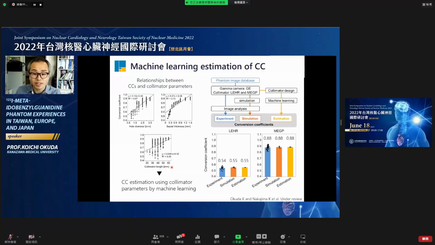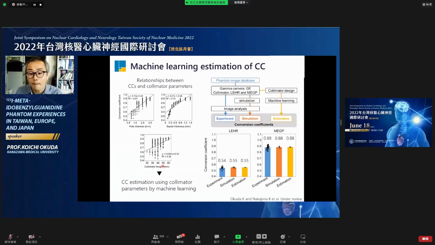These results exhibited that conversion coefficients and collimator parameters showed non-linear relationships. We supposed that if we used a machine learning model for this data, conversion coefficient estimation would be feasible based on the simulation results. So we used a gradient boosting machine learning algorithm, and the conversion coefficient estimation model was generated.